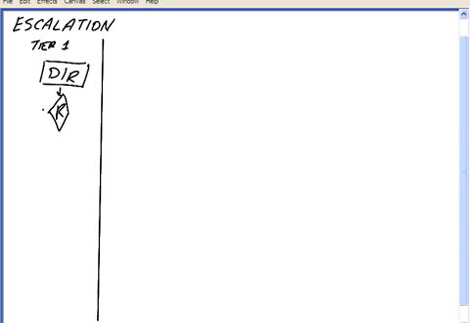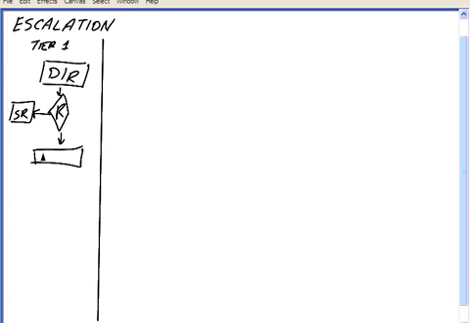Now, if it's a service request, let's say it's a new employee who needs their account set up and information on how to use their new laptop, that would be a service request. So that's going to be an offshoot here to what we call a service request procedure. I'll put an SR here for service request. If it's a hardware or software issue, it's going to go to the initial level of support here in T1.